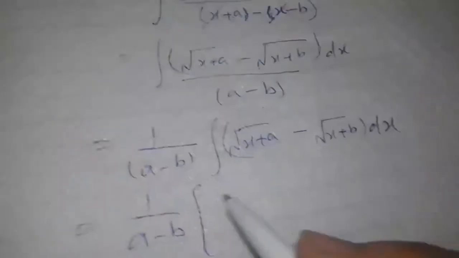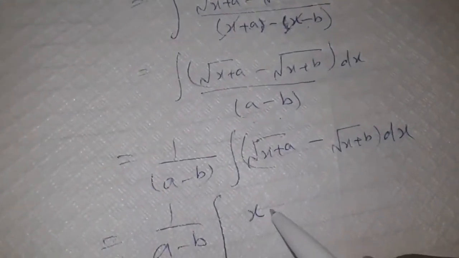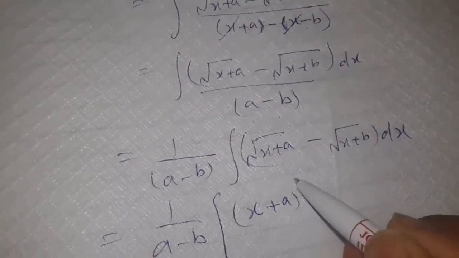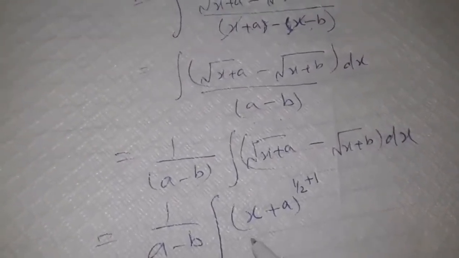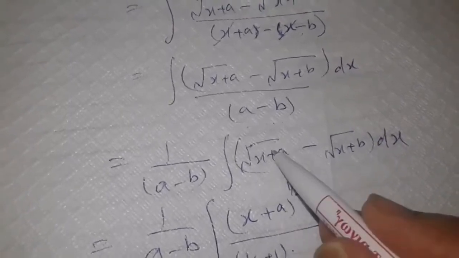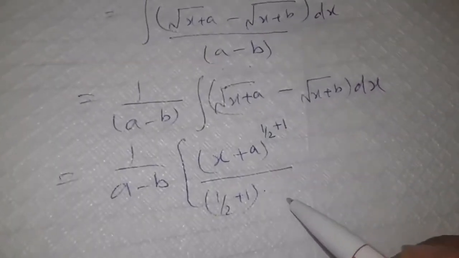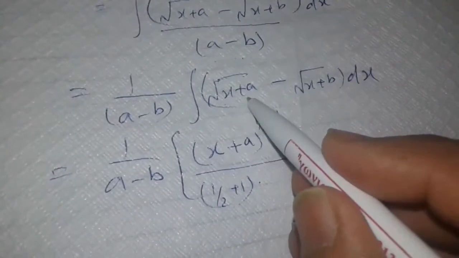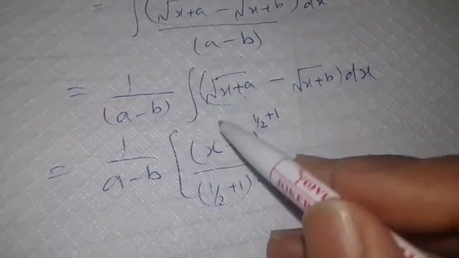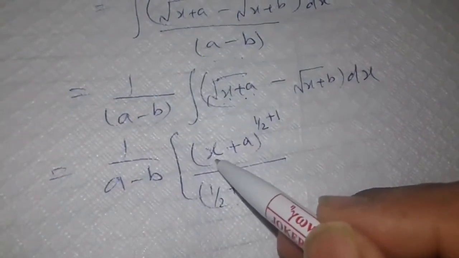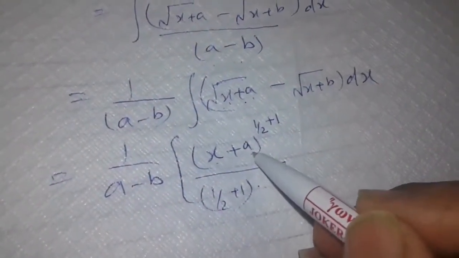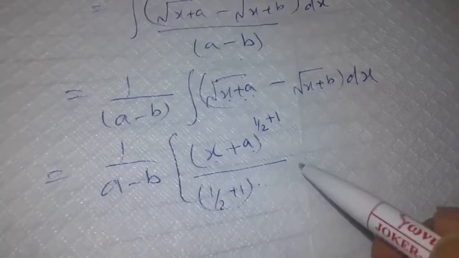So when we integrate it, it will become x plus a power 1 by 2 plus 1 increment in the power, divided by 1 by 2 plus 1, and multiplied by the derivative of this function, not this one. The derivative of this function without power will be 1, because here is x plus a. The derivative of x is 1 and the derivative of a is 0, so here we can write 1 only.